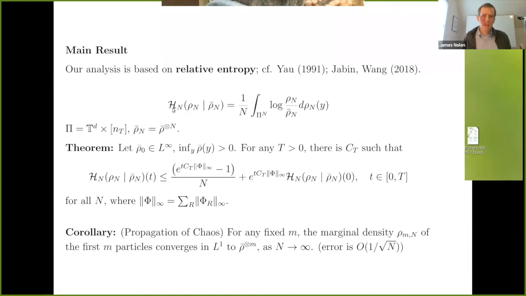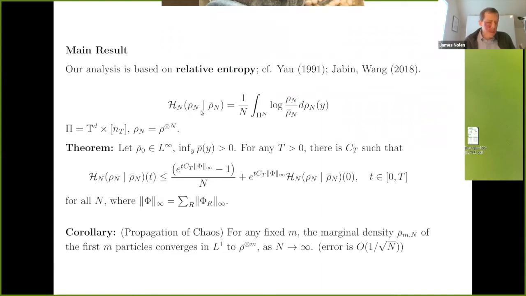So the object of study is the relative entropy between rho n and rho bar n. Again, rho n is the law of the true system, that is the coupled particles, and rho bar n is related to the solution of the mean field PDE. Both of these depend on time.